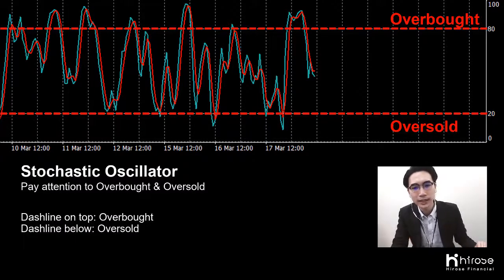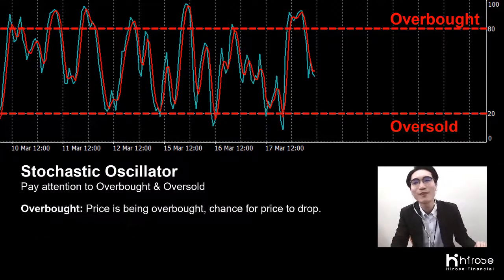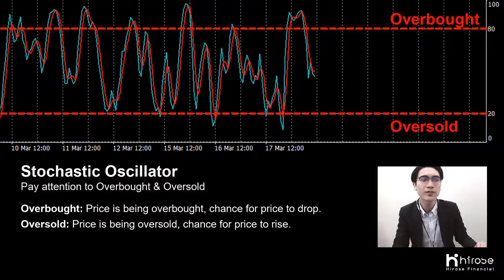The dashed line on top is the overbought. Overbought means that the price is now being overbought, so there is a chance for the price to bounce back down. The dashed line at the bottom is called the oversold. Oversold means that the price is now being oversold, and there is a chance for the price to bounce back up.